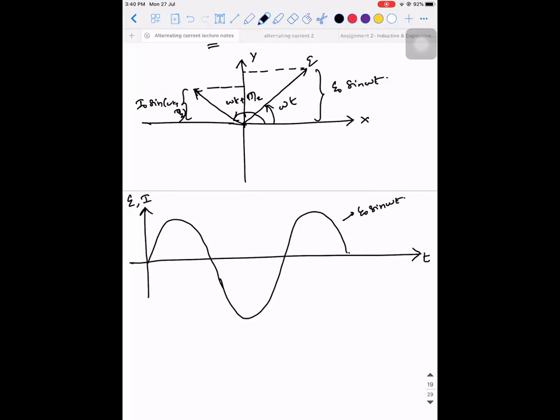Sine of omega t plus pi by 2, where will it become 0 for the first time? At omega t equal to minus pi by 2, you can see that the current will be 0 and it is going to be an increasing function. So it is going to be like this.